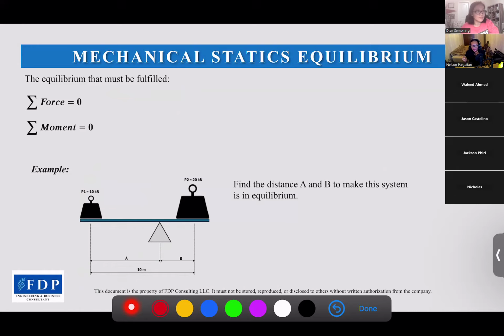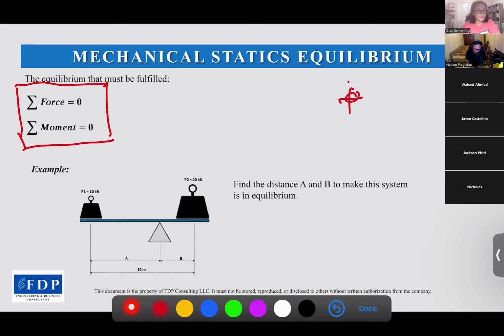So to get the lifted object in equilibrium, we must fulfill this formula in our analysis.